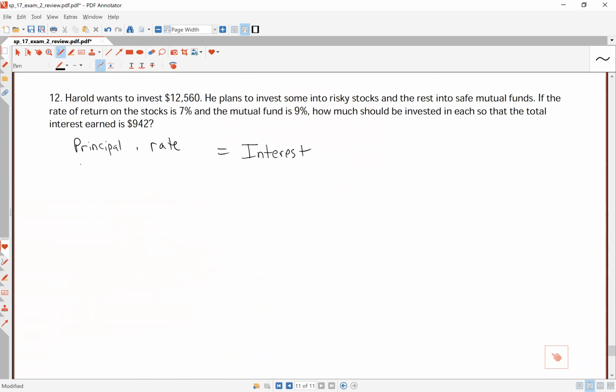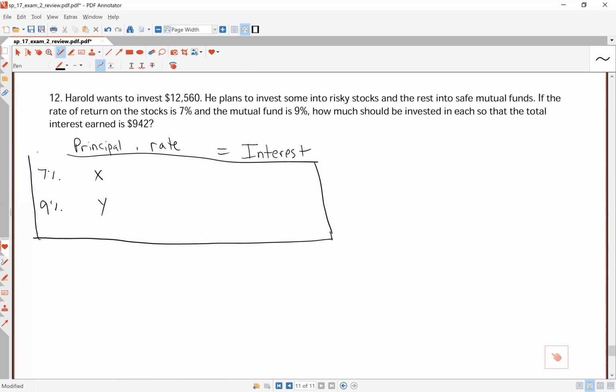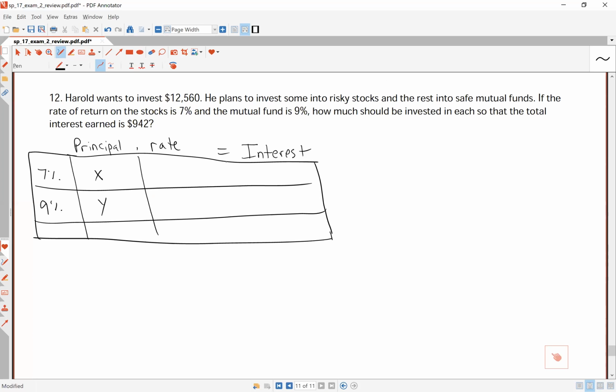And so we want to know how much we're going to invest at 7% and 9%, X and Y. But we know total we're going to invest $12,560.